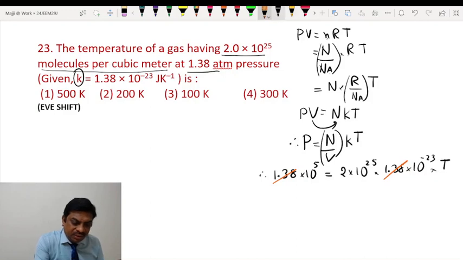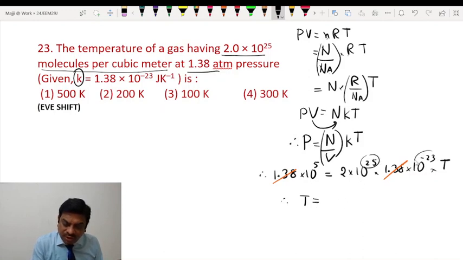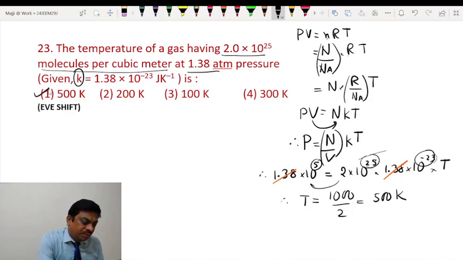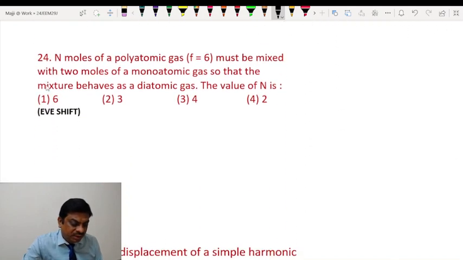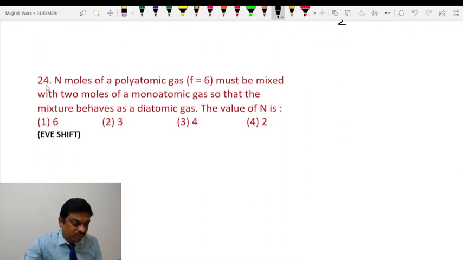Then we are left with what? See here. T will be equal to, so this will be 25 minus 23 is 2. So we are left with 1000 because 10 power 5 divided by 10 power 2 will be 10 power 3, and this 2 will go below this. So we have 500 Kelvin. So we will go with first option students, 500 Kelvin.